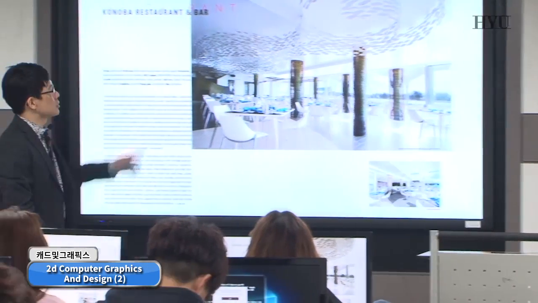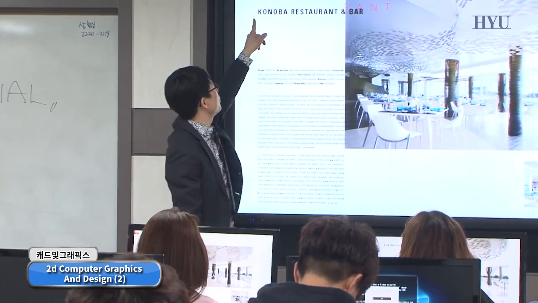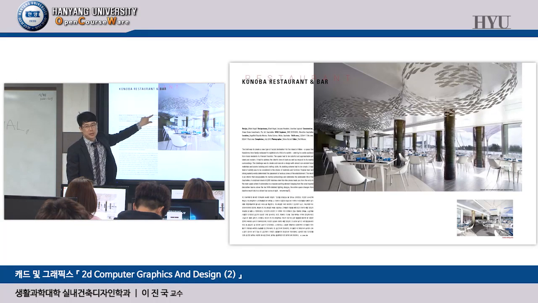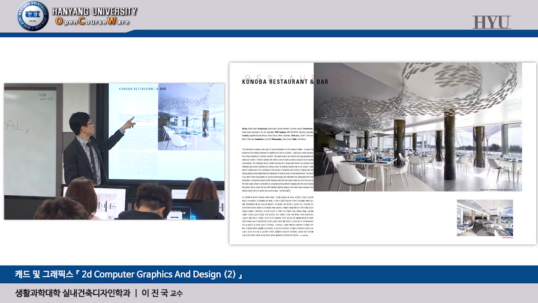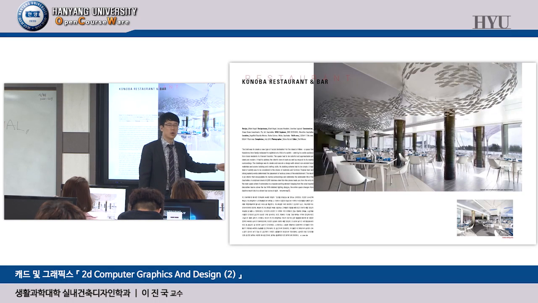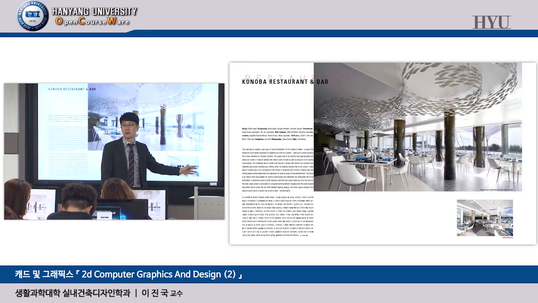Here is the project name, design name, Konoba Restaurant and Bar, of course, and some index information, which contains designer name, design firm name, construction firm name, engineer name, location, country, area, and so on, okay, photographer, editor, and so on. Some concept description in English and Korean, as well as some hand drawing or computer-generated conceptual diagram.